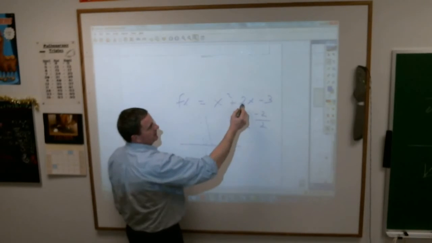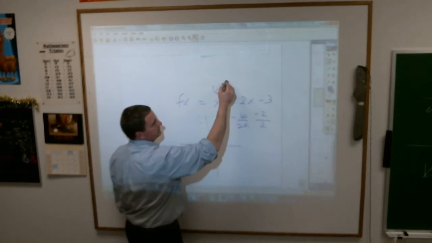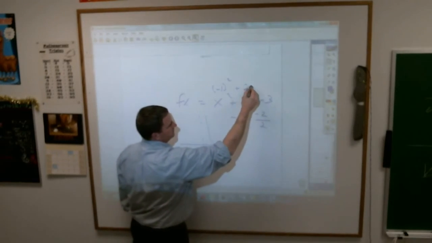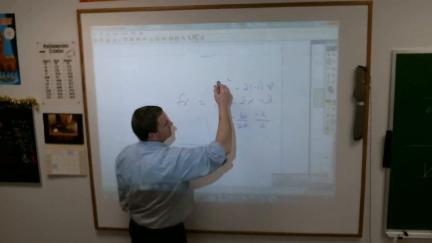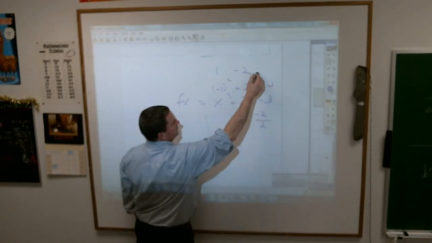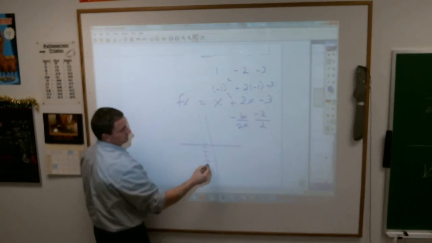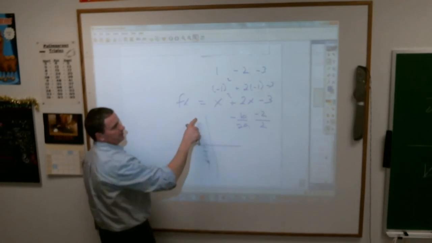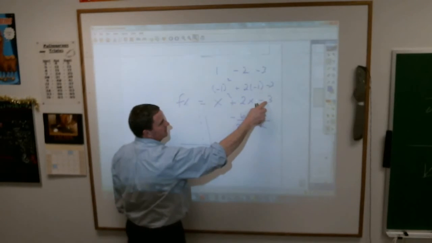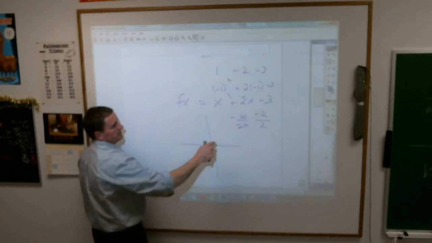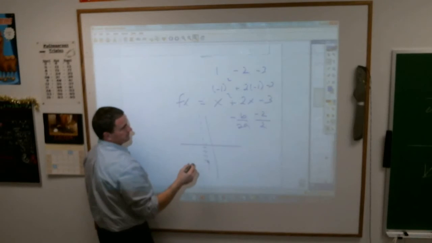You then put negative 1 into your equation, which gives you 1 minus 2 minus 3. Your parabola crosses the x-axis at negative 3, right?